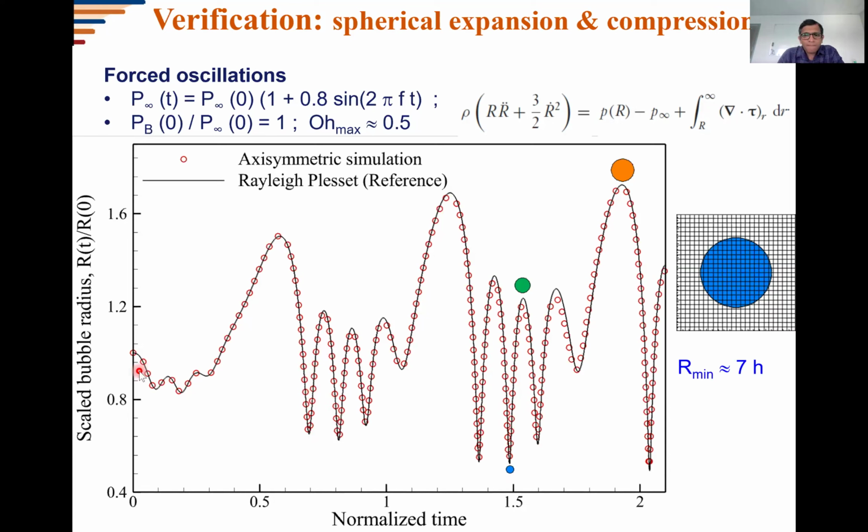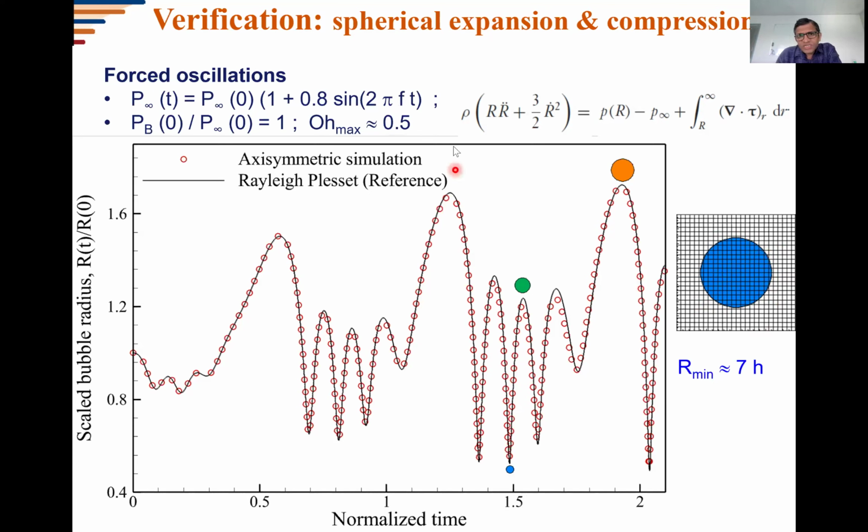So you can see at this lowest point, the bubble would look somewhat like this, shown in blue, whereas at this maximum size, the bubble grows up to a big size of this form. So again, the predictions from our simulations are pretty much on top of what is predicted from the Rayleigh-Plesset equation. And you can see at its lowest size, we use about 14 points for resolving this entire bubble, which is quite good.